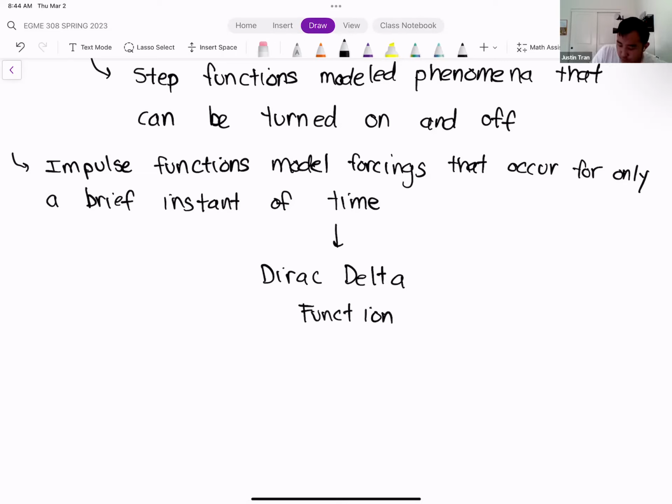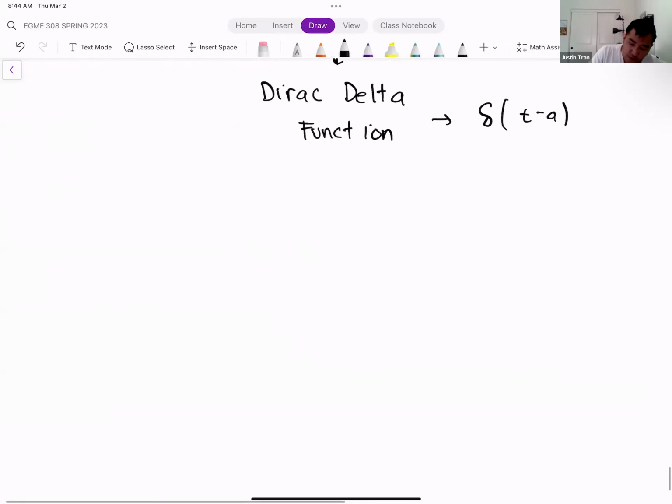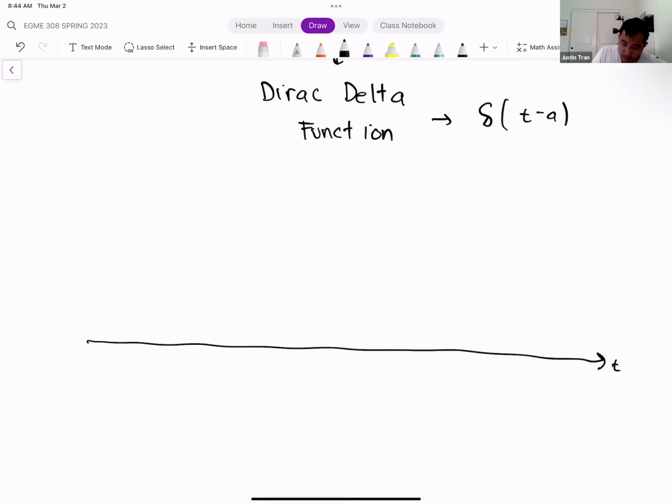Usually the form for the Dirac delta function that we use is delta of t minus a. Visually, we have our time domain t, and when t is equal to a, it's a little bit hard to draw well, and so when you draw it on paper, it almost looks like a cone.